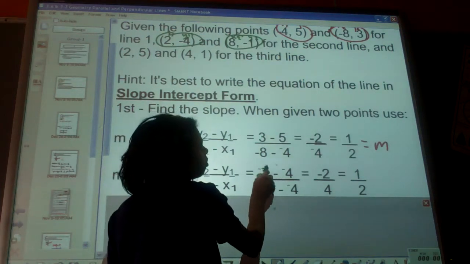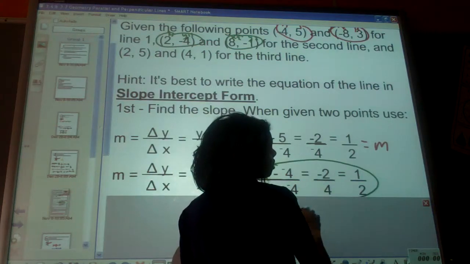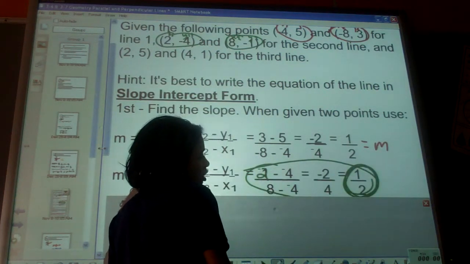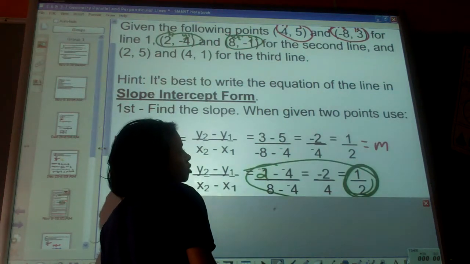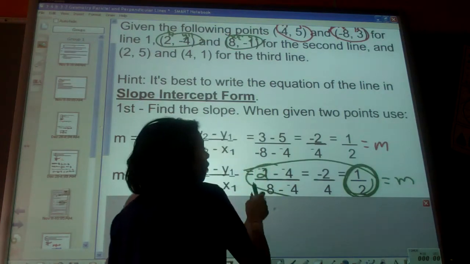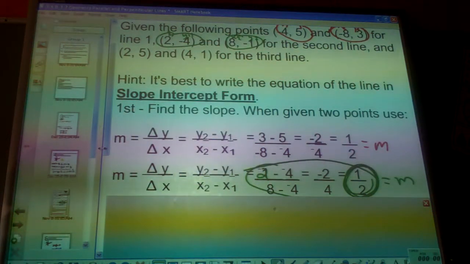I did something wrong around here. Anyhow, I wanted this to come out to a slope of 1/2, and if it did equal that, which it doesn't, because I made an error, if this slope were also equal to 1/2, you would know that the first and second line would be parallel to one another.